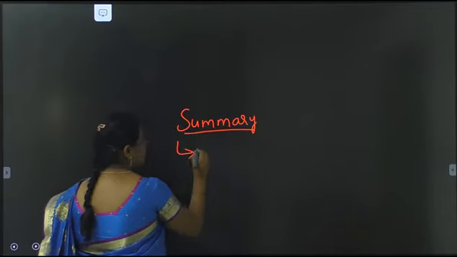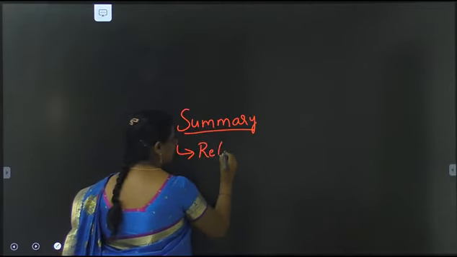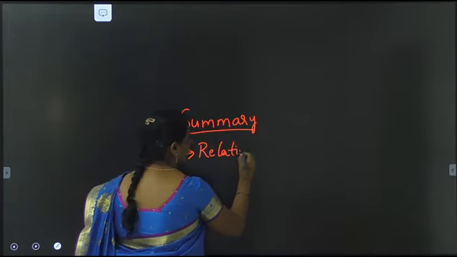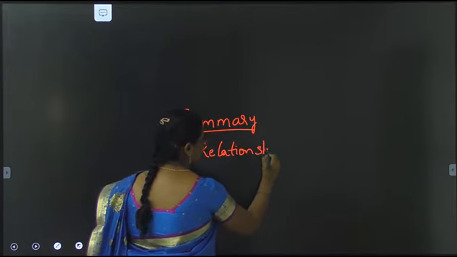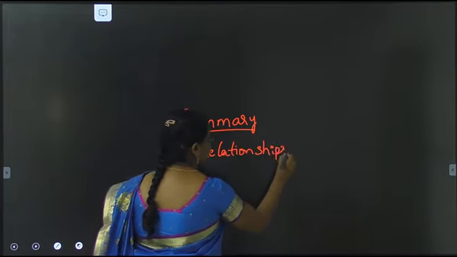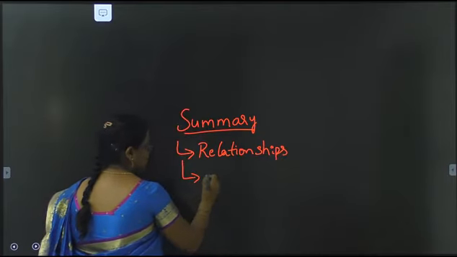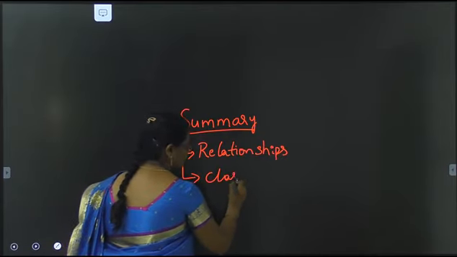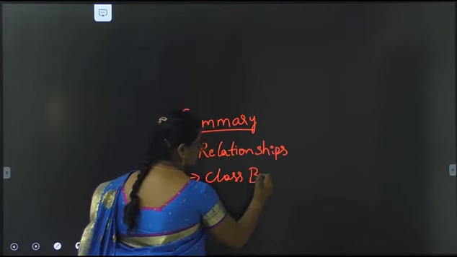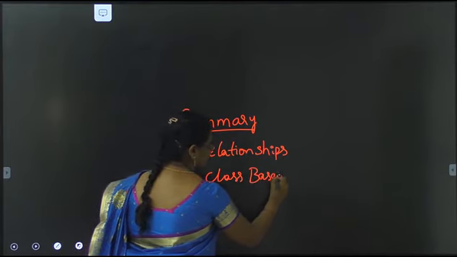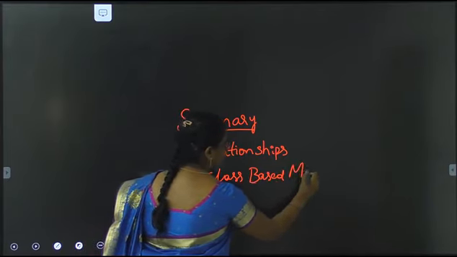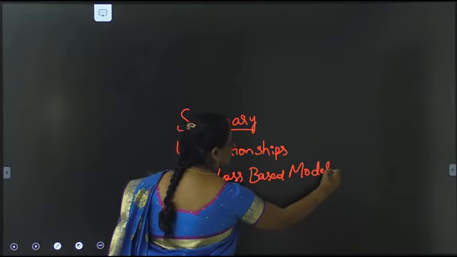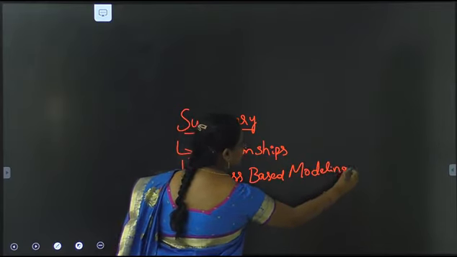we have seen the relationships between the objects, and we have seen class-based modeling. In class-based modeling, how the modeling has to be done and how the data objects can be represented.